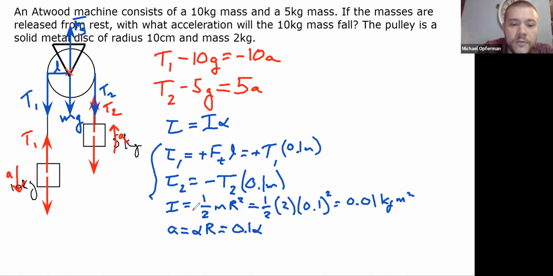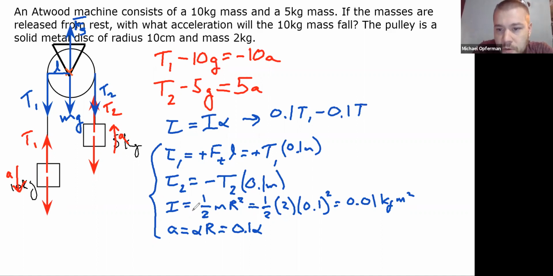Okay, so if I collect all this information and put it all back into the tau equals I alpha equation, I'm going to end up with 0.1 T1 minus 0.1 T2 equals 0.01. That's the moment of inertia. And then I want to get rid of alpha and turn it into an a. So I'm going to put here a over 0.1.